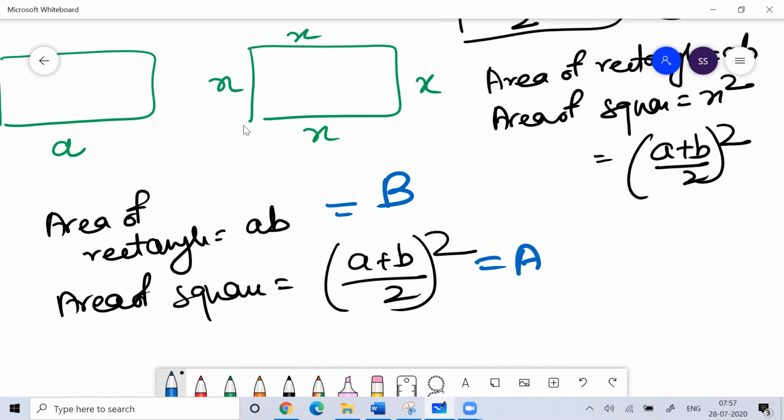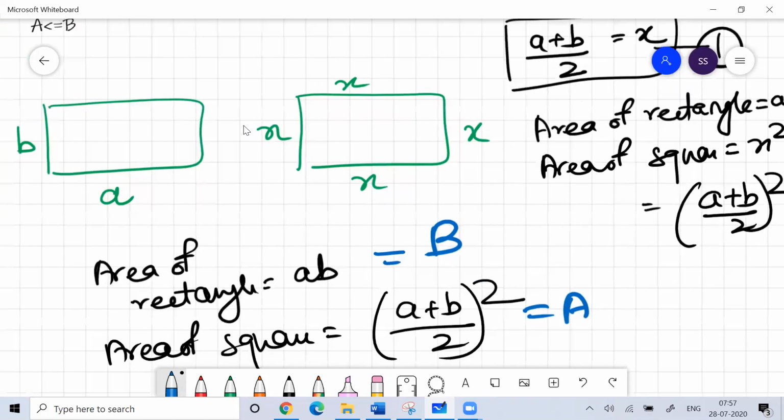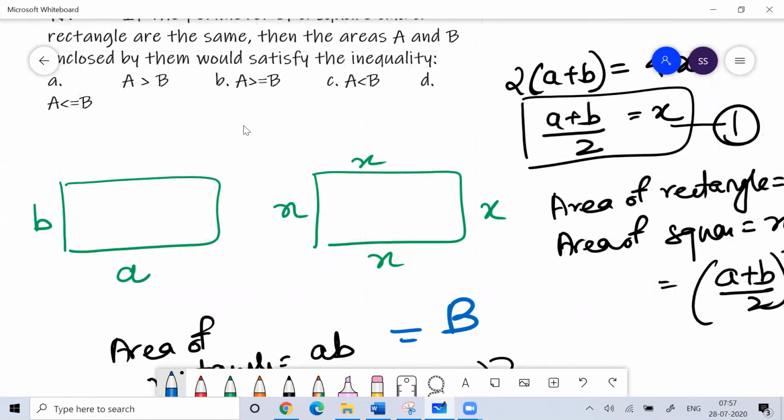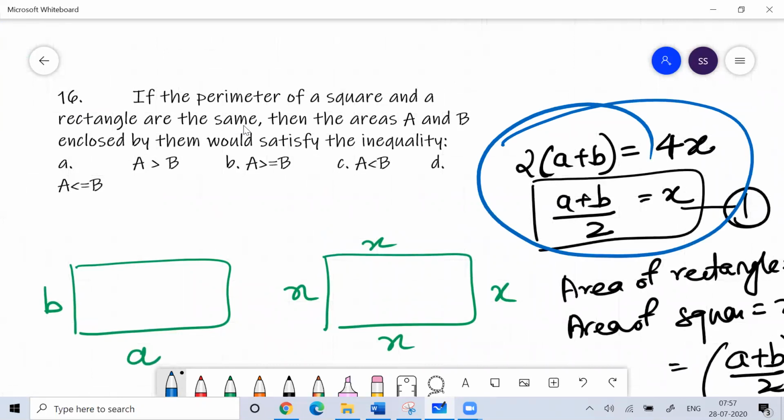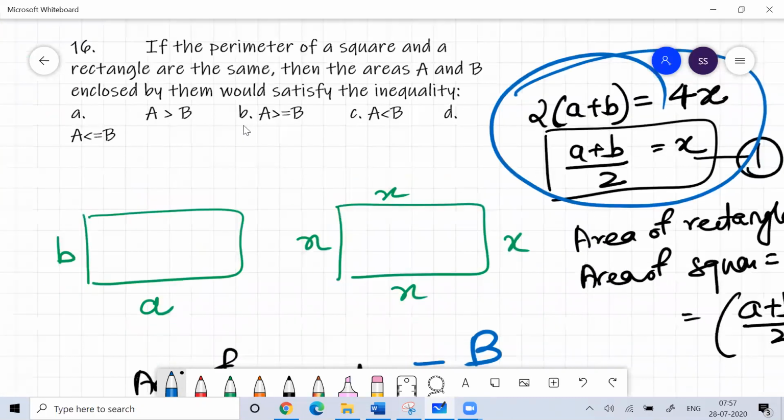You can think about the values and figure out what way it would work, provided that it should satisfy the equation that x should be (a plus b) by 2. So you can think about a and b that way.